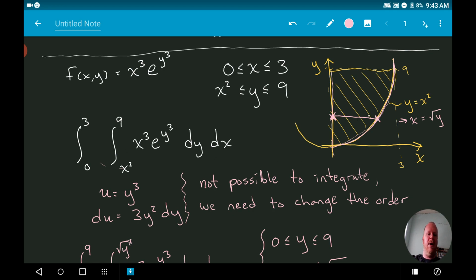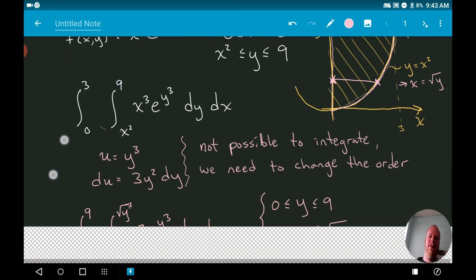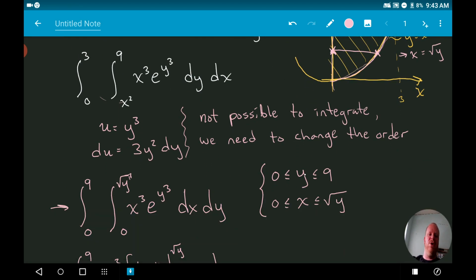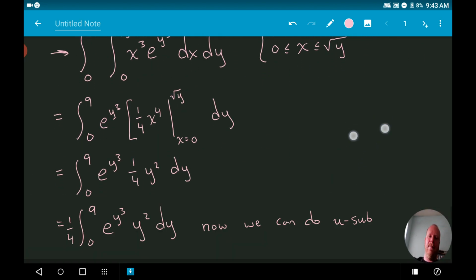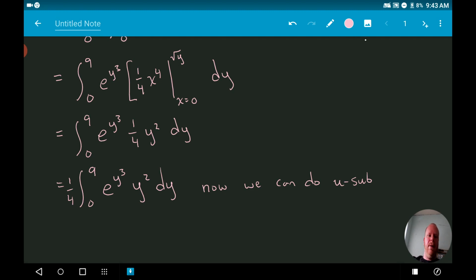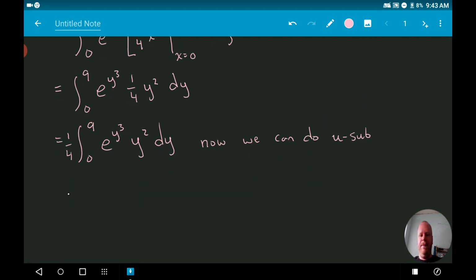We did that by drawing a sketch of the region and figuring out some new bounds for x and y. I'll go ahead and finish this problem up just so you see that it actually does produce a number here.